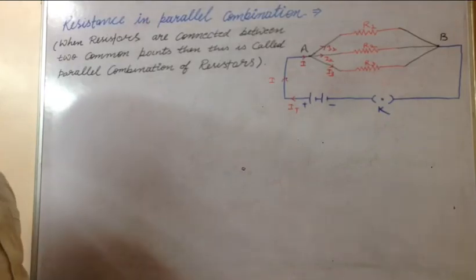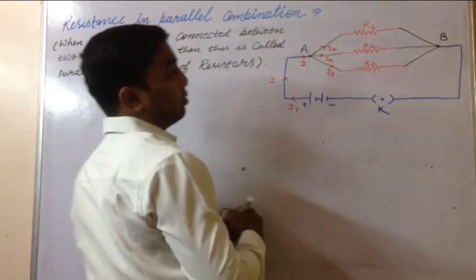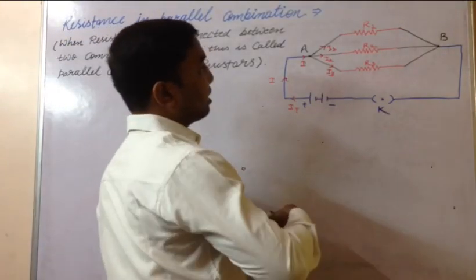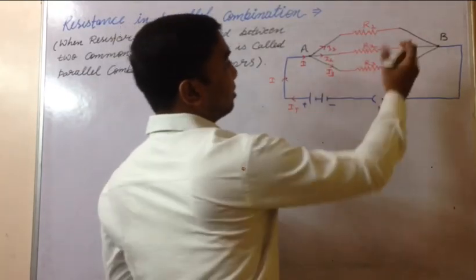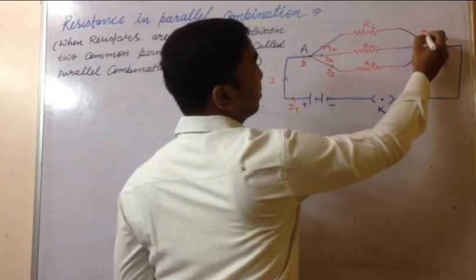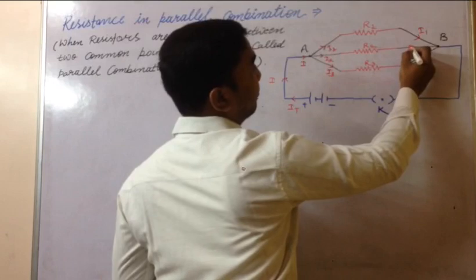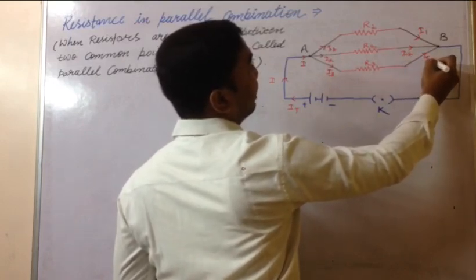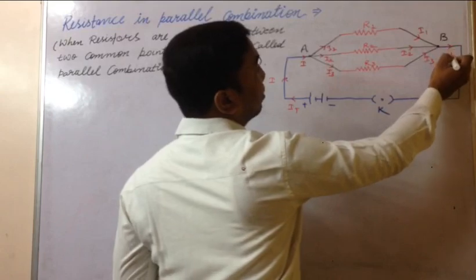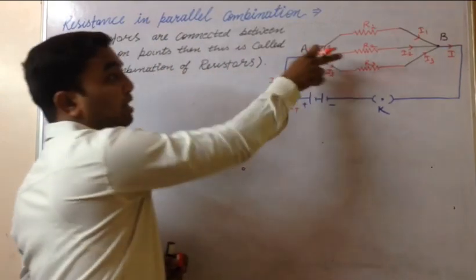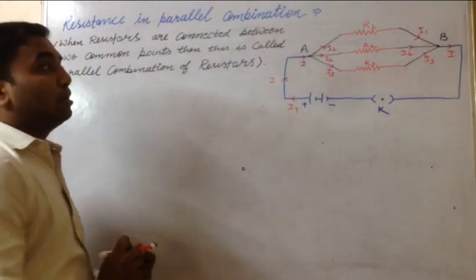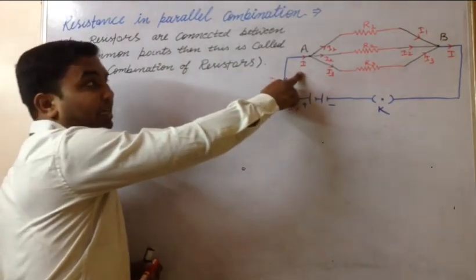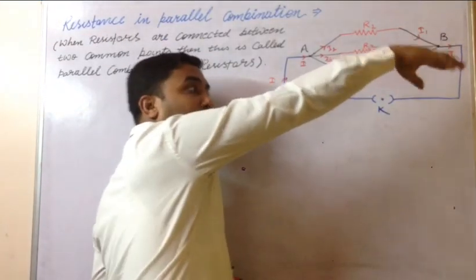Now tell me one thing. When the current goes from here, then after passing it will reach here: I1. Here which current will reach? I2. And here which current? I3 will reach. And finally, what current entered these three resistors? The current I entered these three resistors, and the same current I will come out.